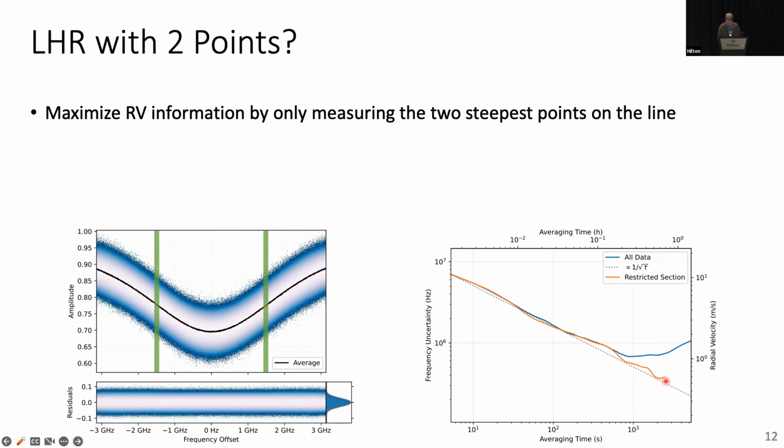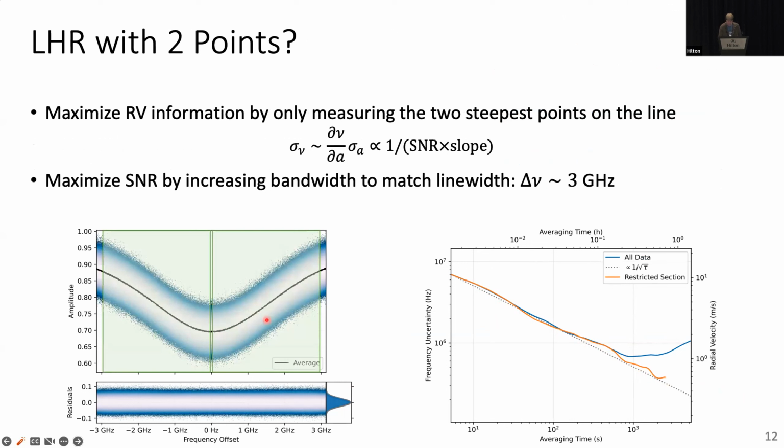This slide is a little more speculative, but if we were to push that further, what would the results be of narrowing down to only 2 points? RV information is maximized at the steepest points on a line, and using simple derivative sensitivity arguments, we can further maximize the precision by increasing the optical bandwidth to that of the line width.